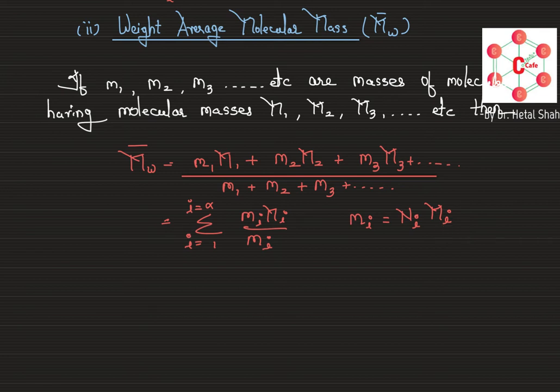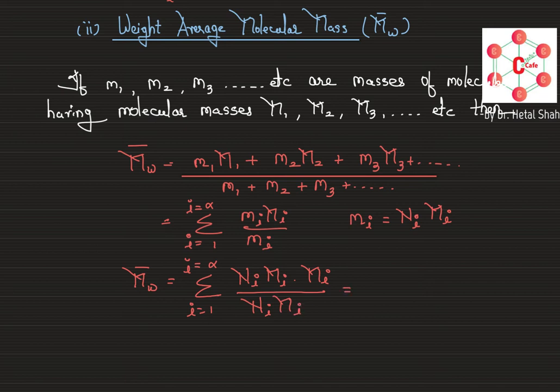So instead of small mi, we can write Ni Mi, multiplied by Mi once again, upon Ni into Mi.